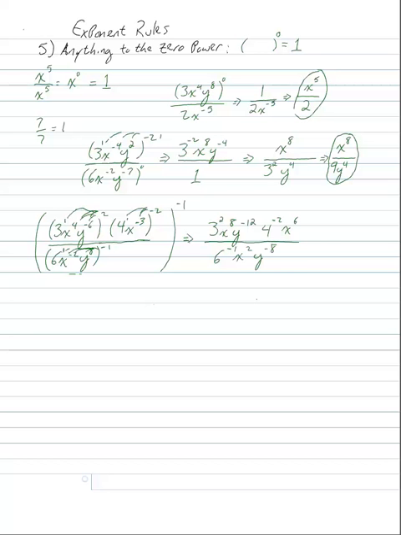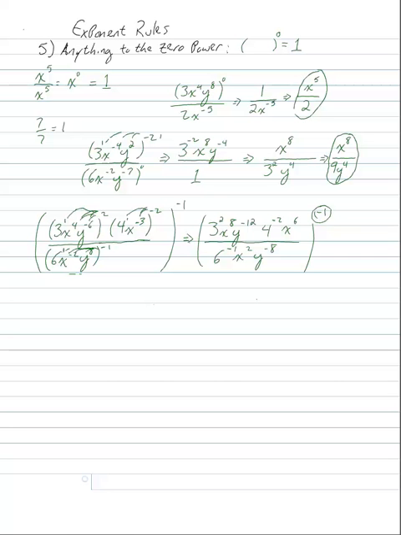Now this whole thing is still to the negative 1 power. I can distribute that negative 1 power right now if I want to get everything out of parentheses. All it's going to do is change the signs of every exponent, so just make sure it distributes to every exponent.